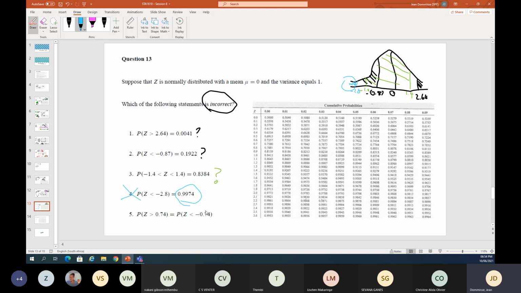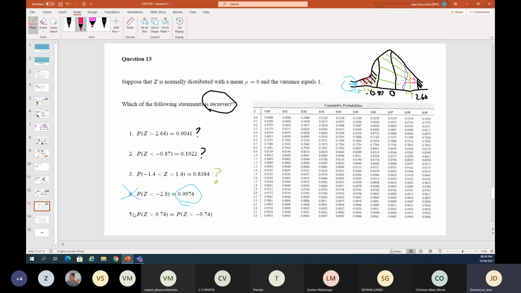This one, bigger than 0.4. Let's say we bring in another color. Say it was bigger than 0.4. Is that the same size as smaller than 0.4?